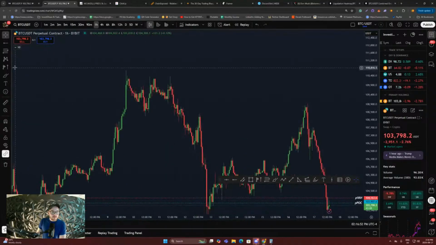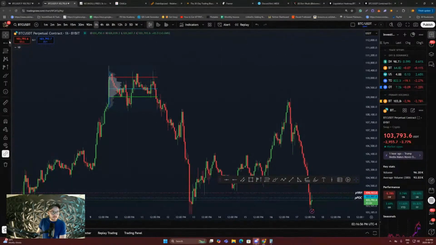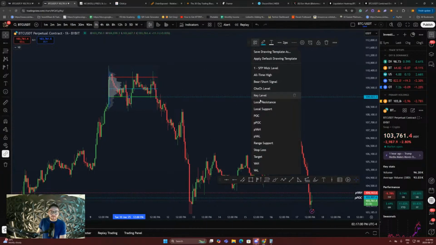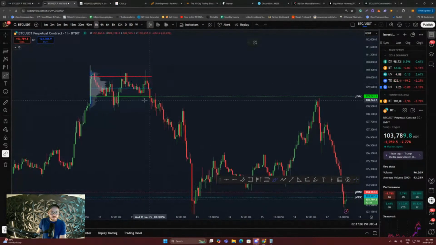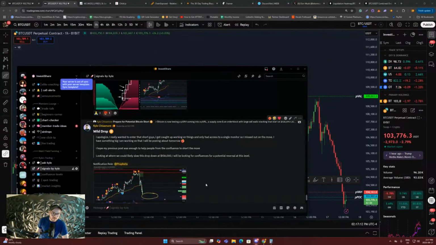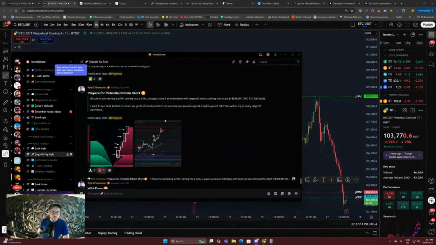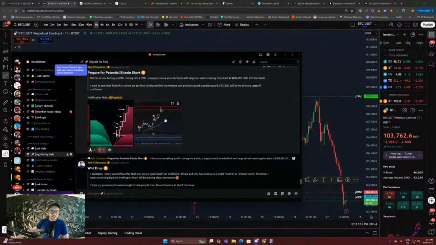We were talking about this value area here, from here to here, and trying to see if we can get acceptance into this value area. Well, we had this supply concern right here that we were worried about. And if you guys remember, the signal that we were talking about wasn't a true signal. I didn't say enter or give you a stop loss or anything like that. I actually kind of missed out on the trade setup.